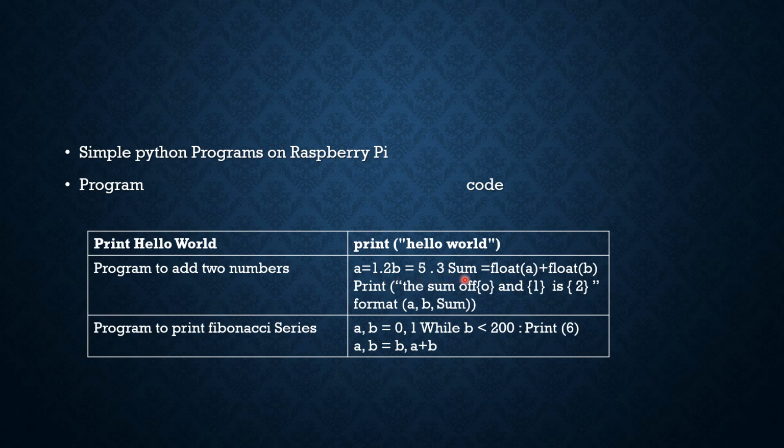To this we have added: sum equals float a plus float b. To get the output, we have used the print statement, with the sum of and the format statement, where we get the output a, b, sum. And to print the Fibonacci series, a, b are initialized with 0, 1, while b is less than 200 we print b, or else a, b equals b, a plus b.